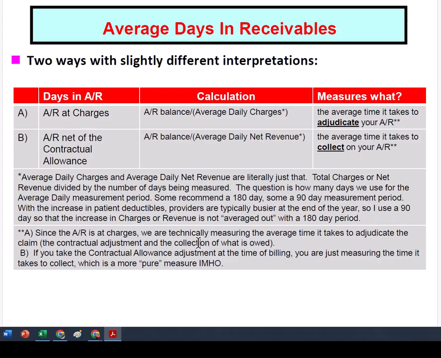I'm being a little pedantic, the annoying person who at a conference will make a distinction. For our purposes, we'll just say it's the average time to collect, because I'm giving examples in modern systems.